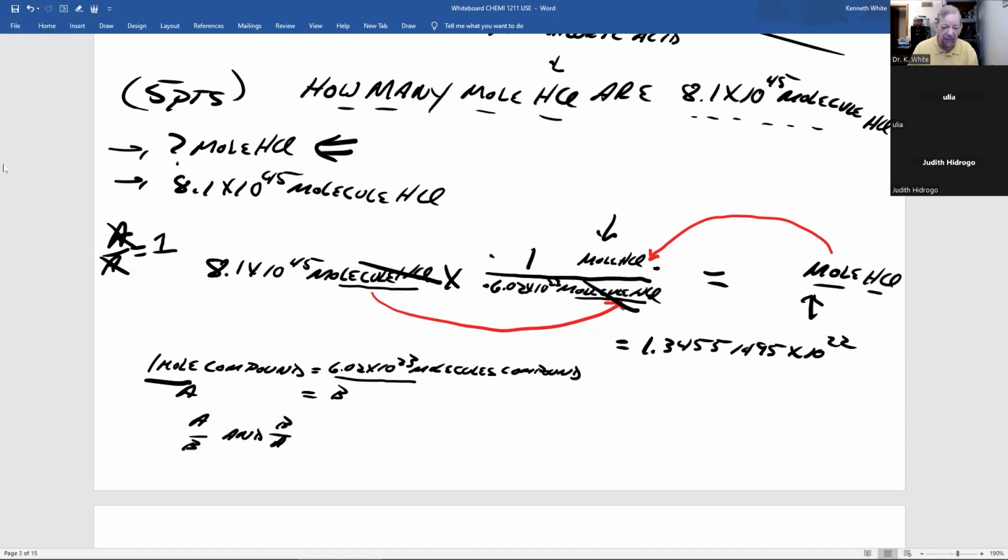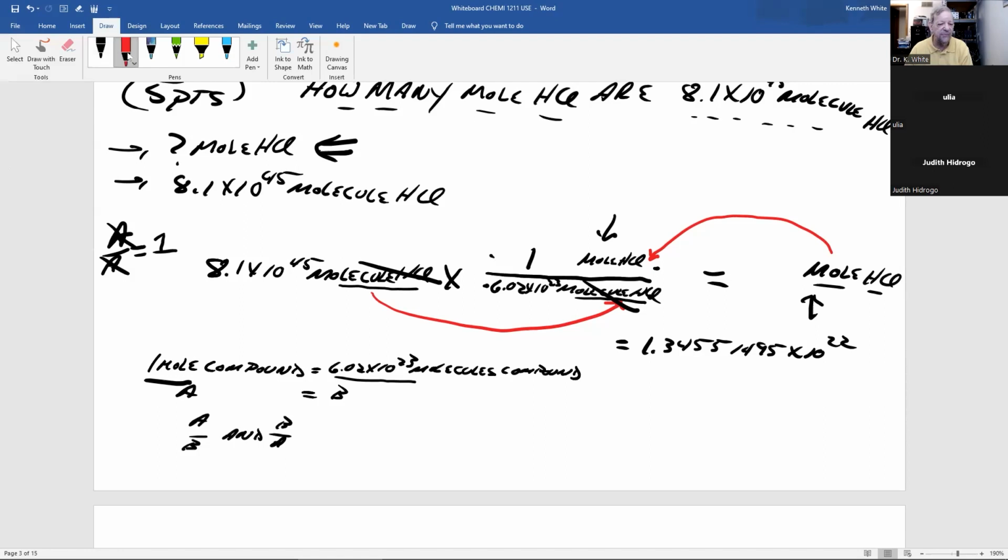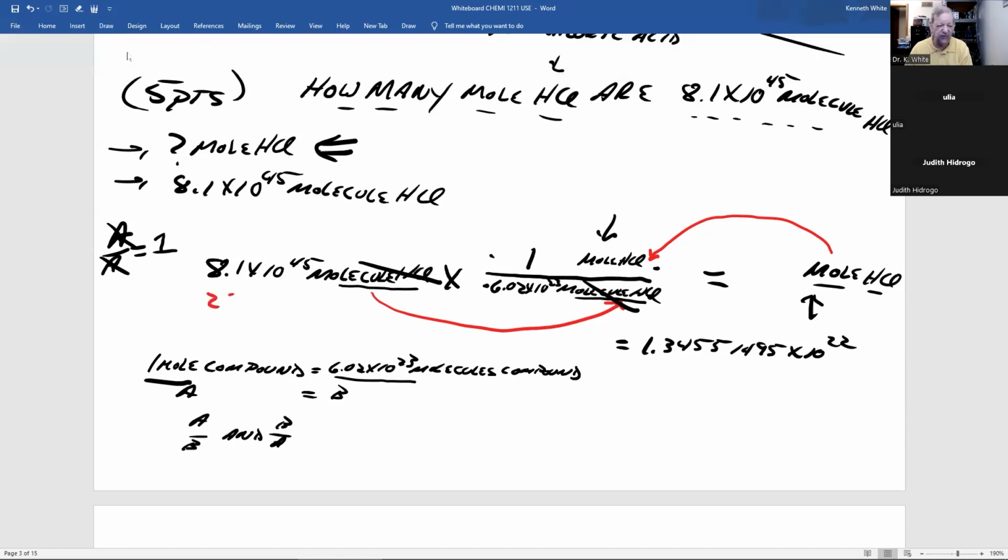And remember that when you do multiplication or division, the number you get should have the same number of significant figures as the number that has the fewest significant figures. So if we look over here, this has 8.1, 2 significant figures. All non-zero numbers are significant.